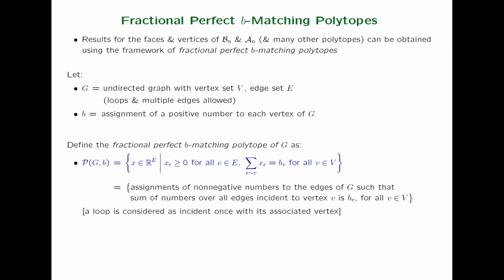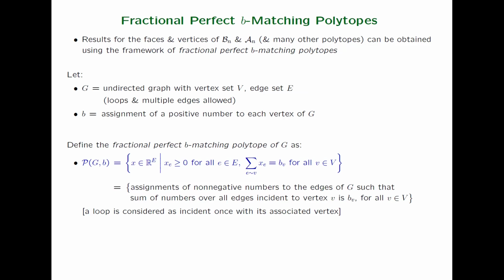We didn't have that in the places we looked at, and an assignment of a positive number to each vertex. So it's easy to see that the two cases we looked at were just special cases of this, where we had a graph and then sums of numbers over edges incident to a vertex for some prescribed number.